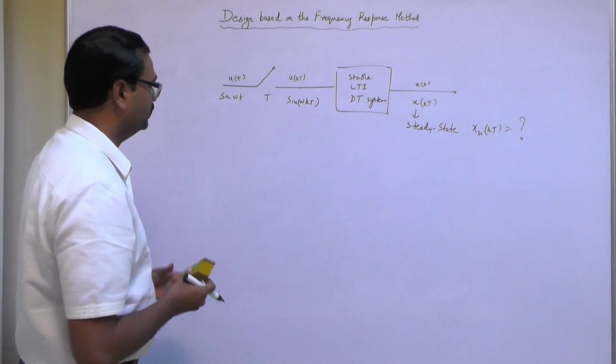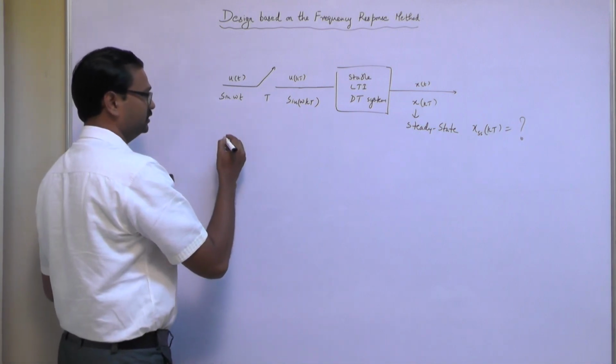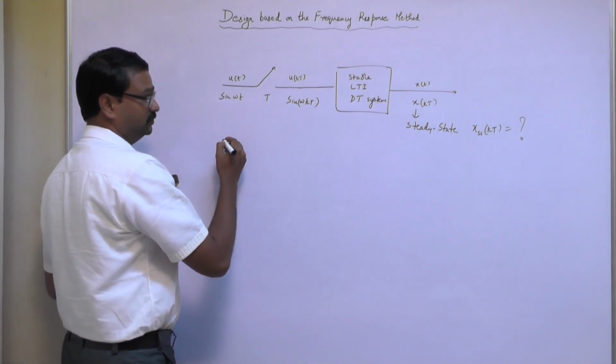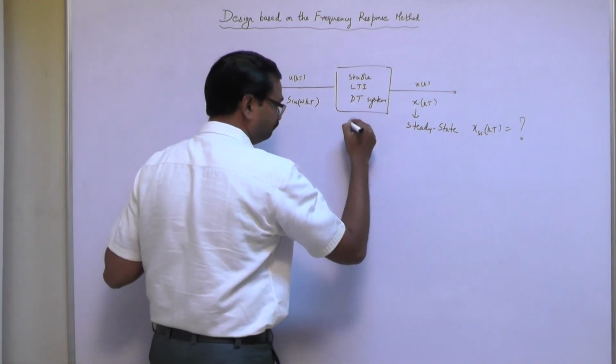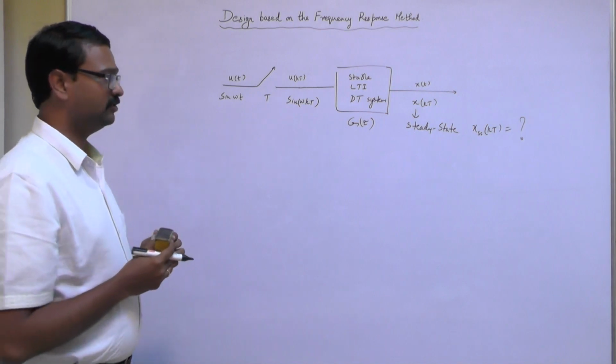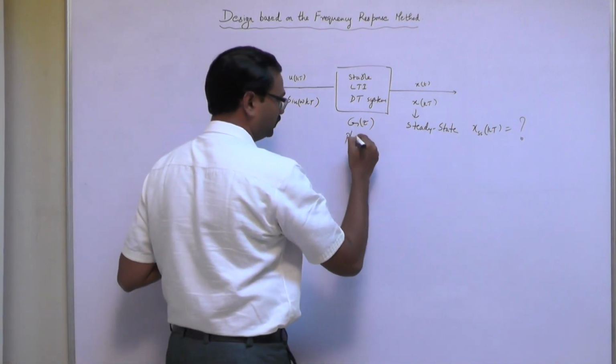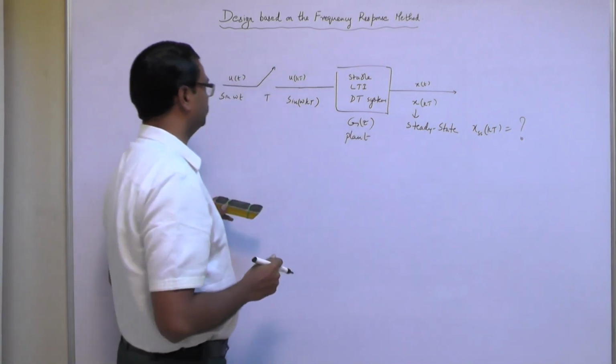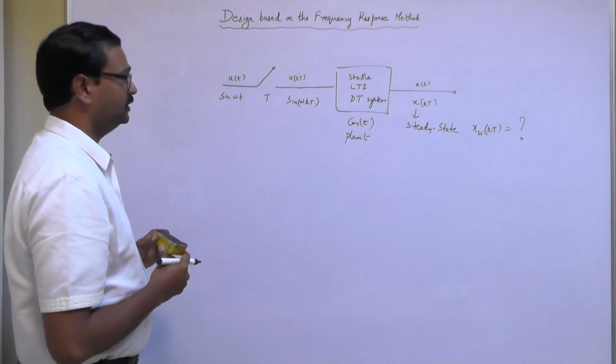Okay. So let us say by definition that G of z is our plant or any system, any stable system that we have considered. Okay.